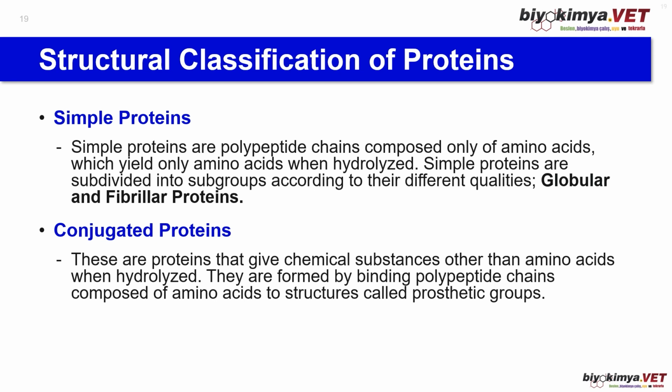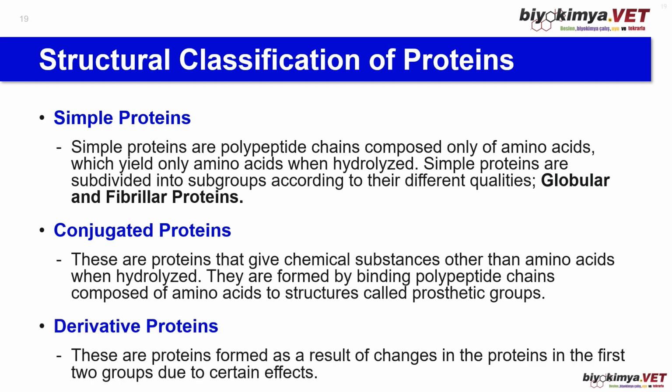These are proteins that give chemical substances other than amino acids when hydrolyzed, because they contain different classes of compounds, such as carbohydrates, for example. And also there are derivative proteins. For the derivative proteins, please visit the website to download the PDF document. I will not talk about the derivative proteins here.